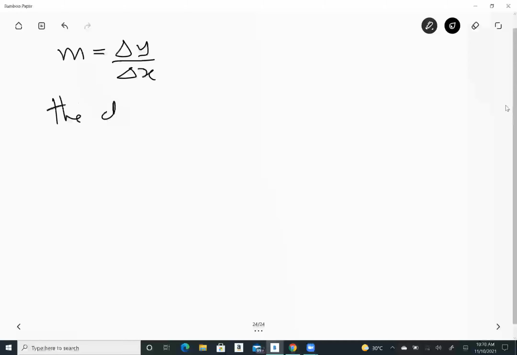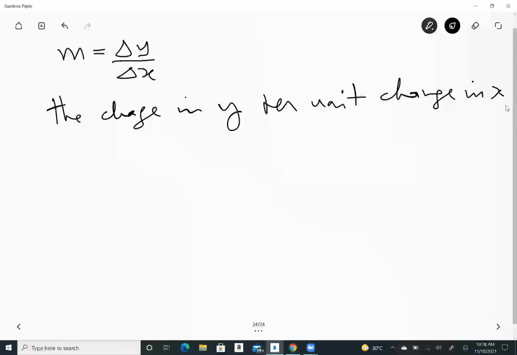The change in y per unit change in x is m.